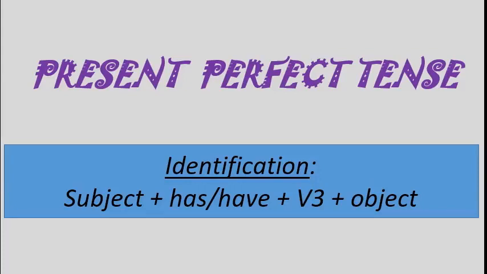Subject plus has or have plus third form of the verb plus object. In this tense we use the third form of the verb instead of the first or second form. Here has is used with third person singular or with proper nouns or nouns, that is he, she, it, and have is used with I, you, we or they.